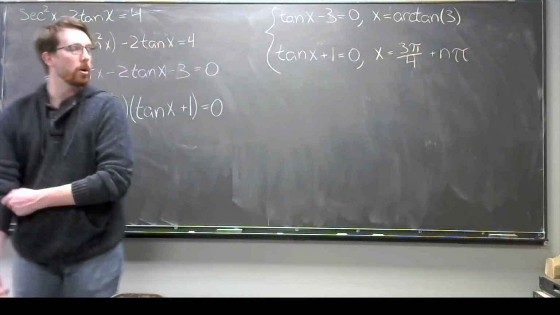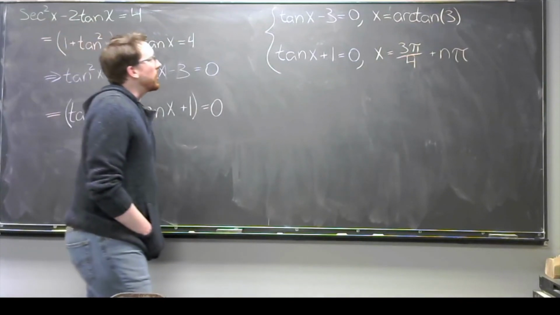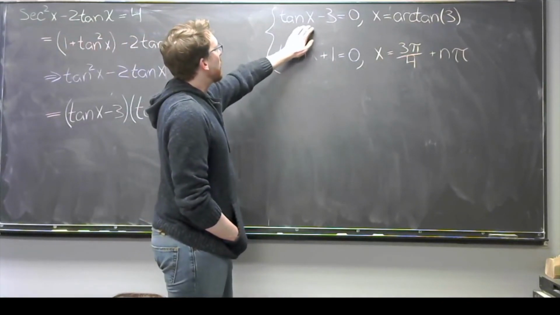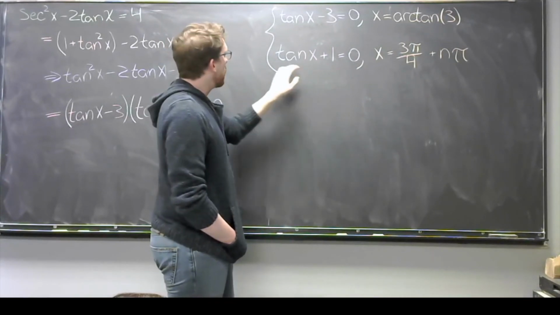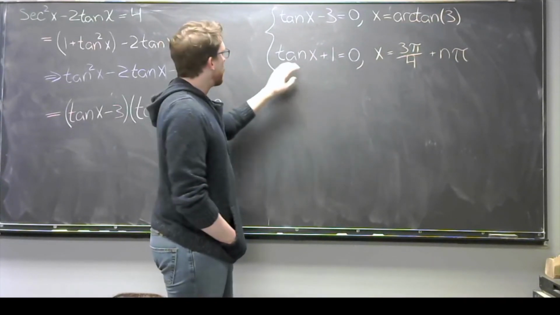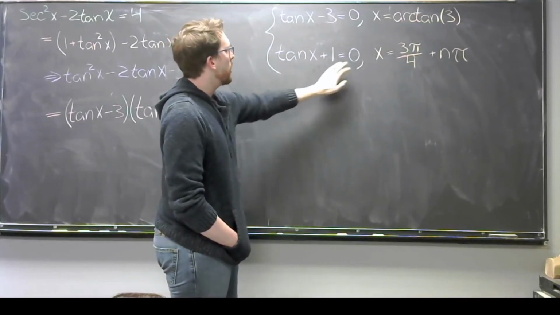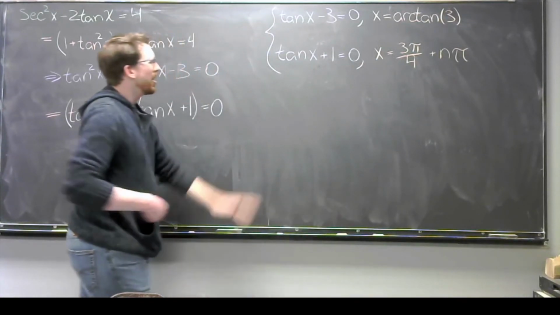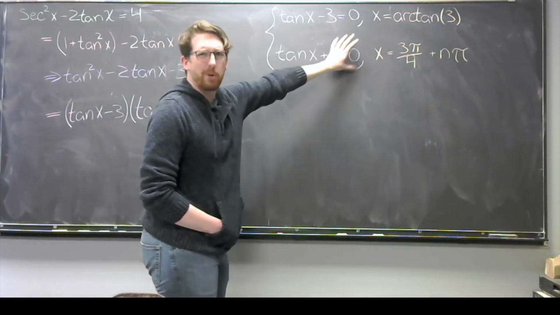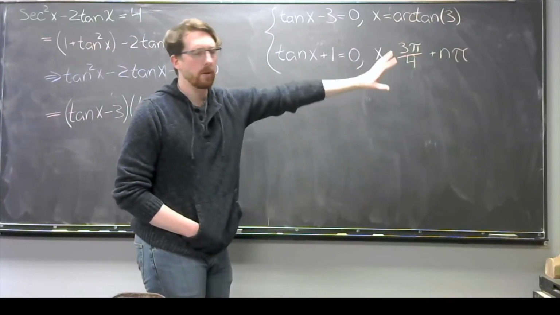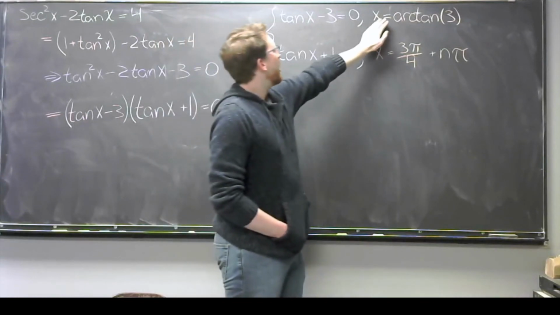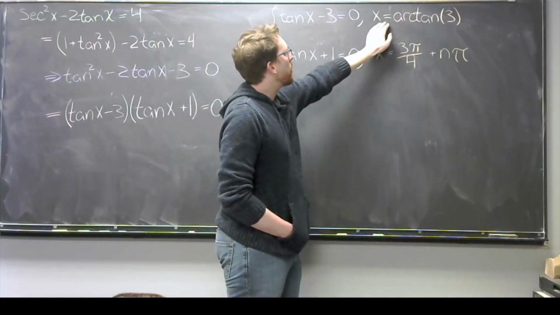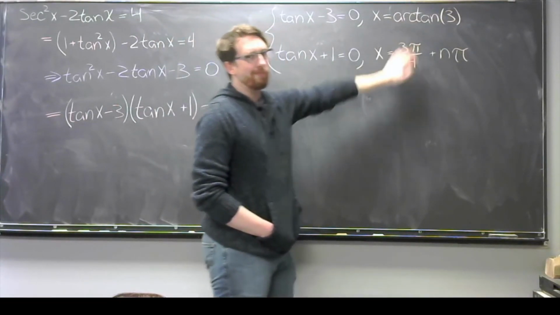Okay. Well, if that's the case, then tangent x minus 3 is equal to 0, or tangent x plus 1 is equal to 0. The second one we know how to solve, pretty straightforward. We've already done it 1,000 times over. The first one, though, I already tell you that it's going to be equal to the arctan of 3.